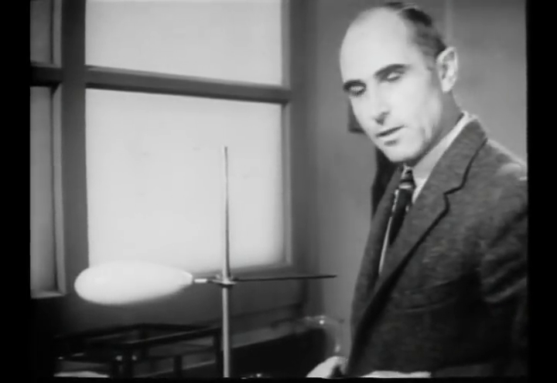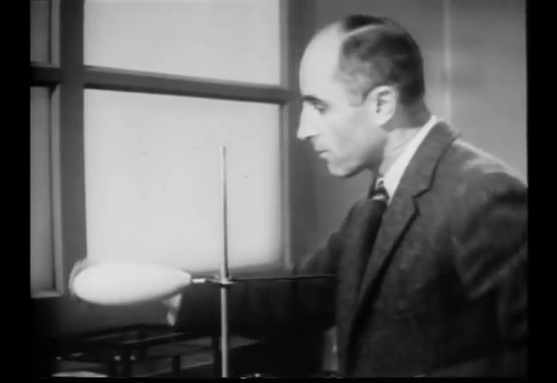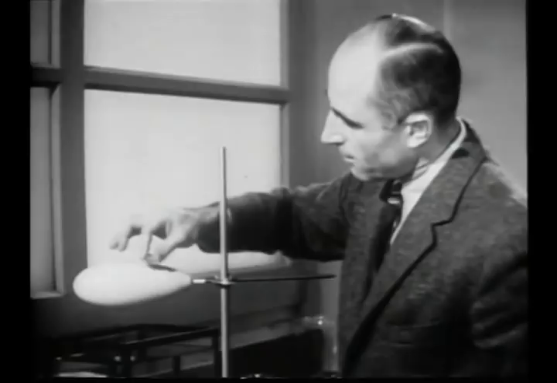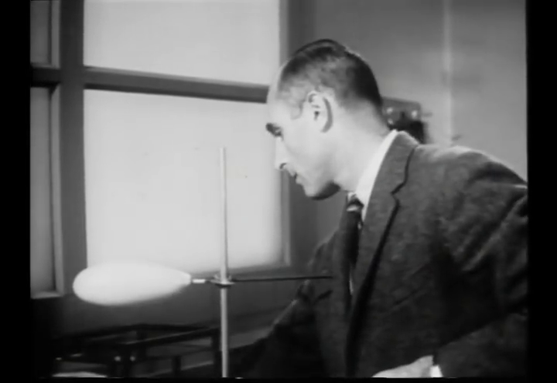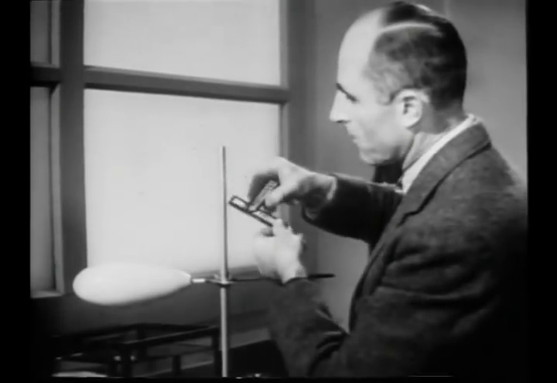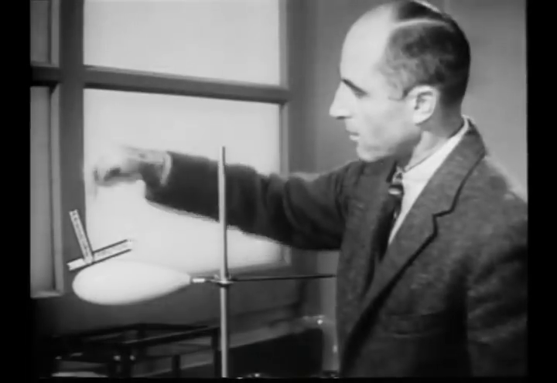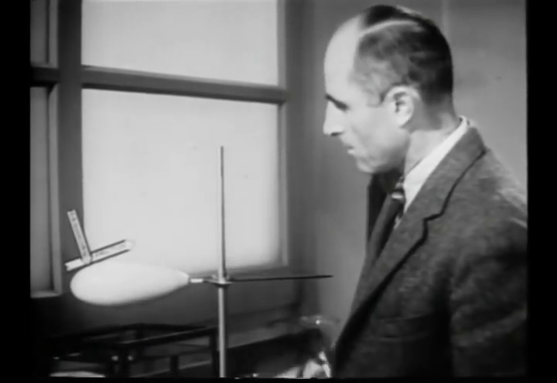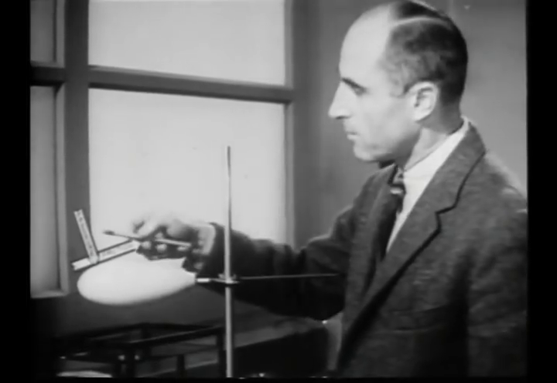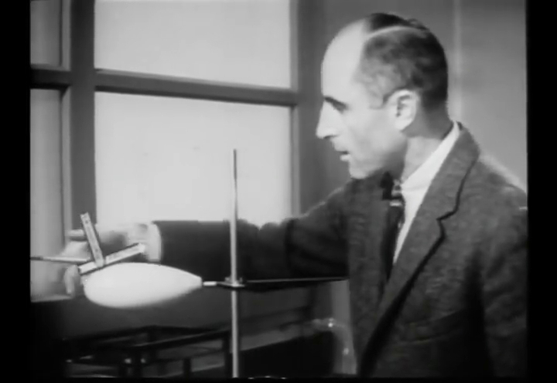The important idea here is that these forces are exerted on the surface of the object by those fluid particles which are in immediate contact with the surface. On every element of surface area, the adjacent fluid particle exerts a normal force and a tangential force. In general, these two forces have components in the direction of the oncoming flow.